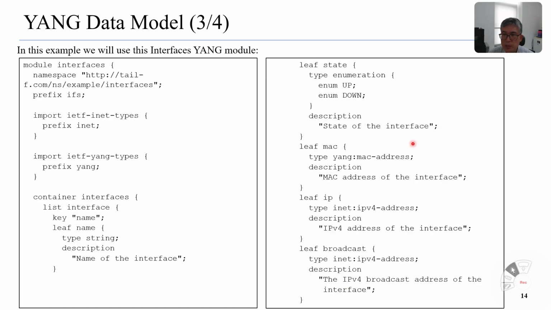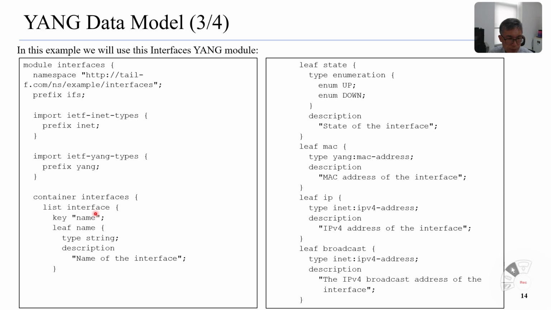Okay, so this figure shows the previous example. We can zoom in. This is the header part, and the import, and this is the actual definition of container interfaces. List interfaces means multiple interfaces can be contained in this container, and each interface has a name.